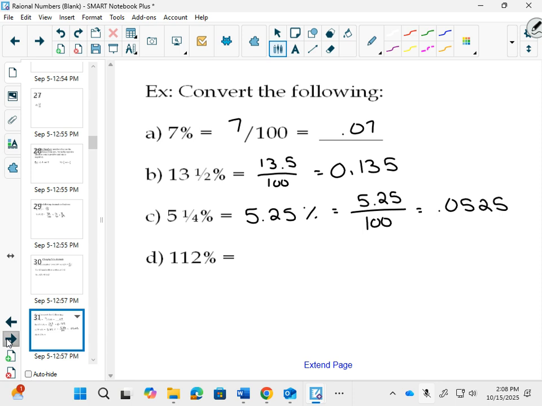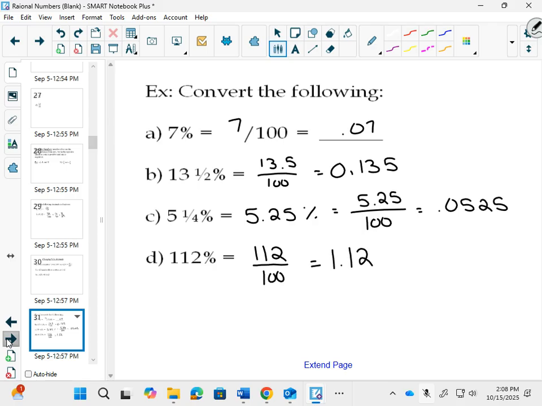And 112%, this percentage you actually see every day that you buy something. Because 112% is 112 over 100. You did really good on that test. You got all the bonus marks. And as a decimal is 1.12.